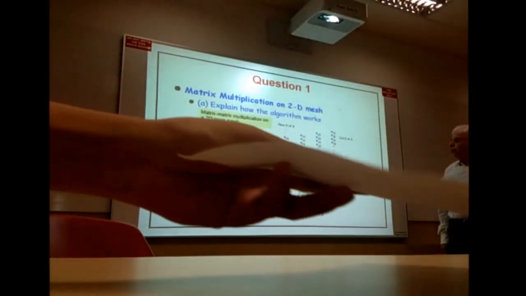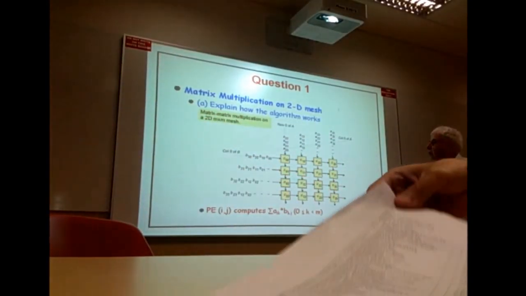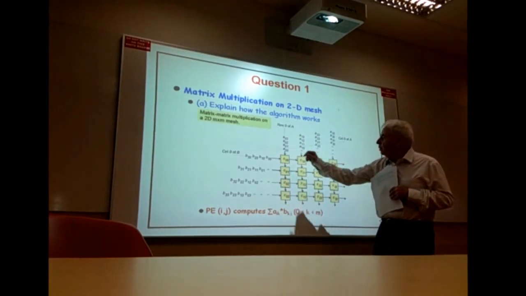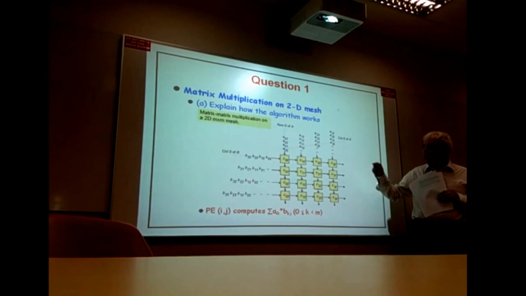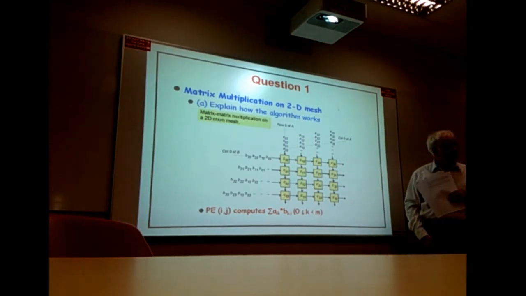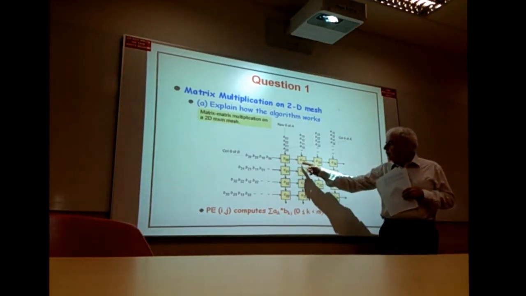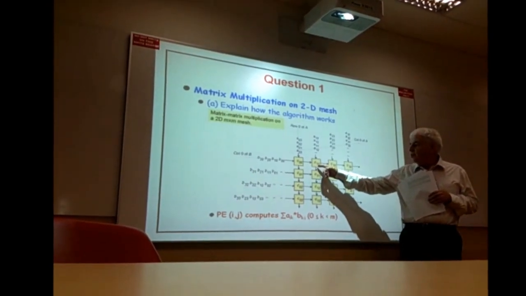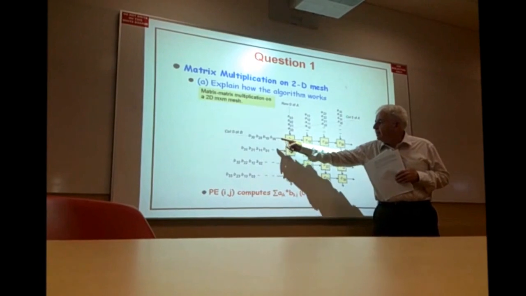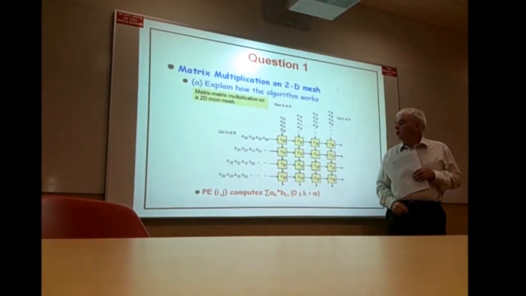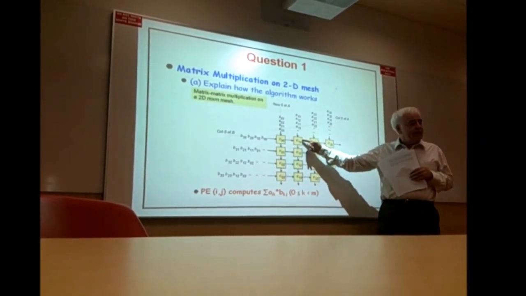Okay, but one thing to note is that after the first row and the first column, you have to insert a delay for the other rows and columns, because we want this element, for example, C10, to compute A10 times B00, but this element will not get B00 until the second step.